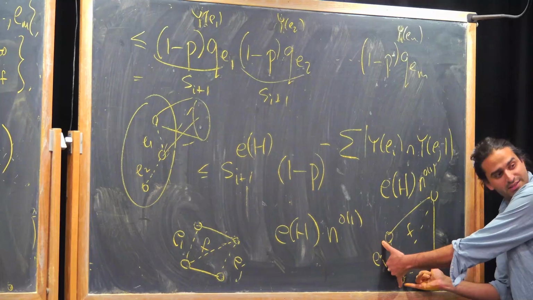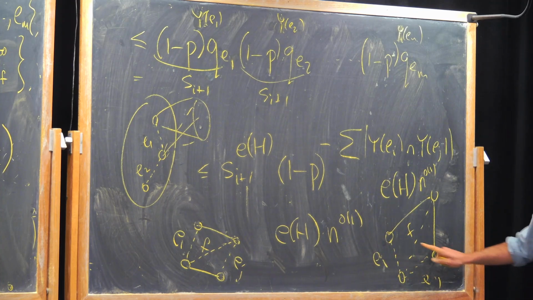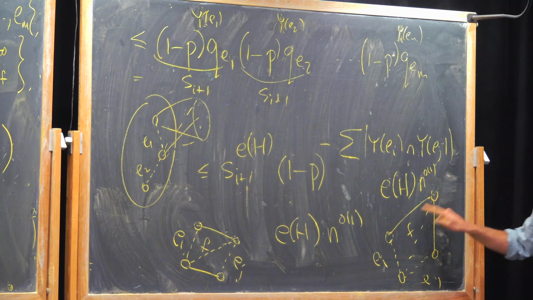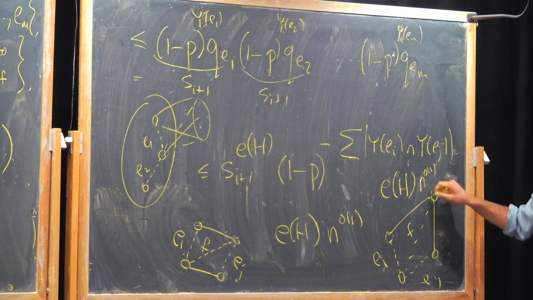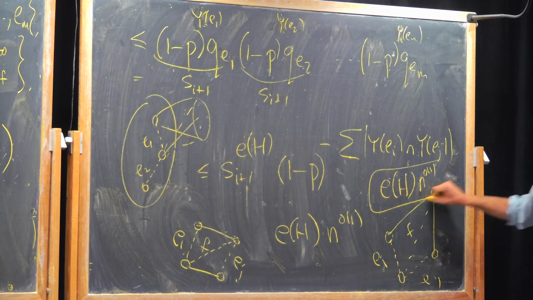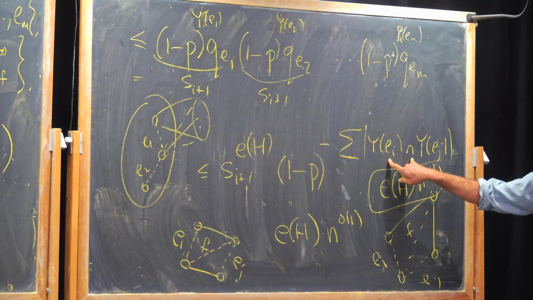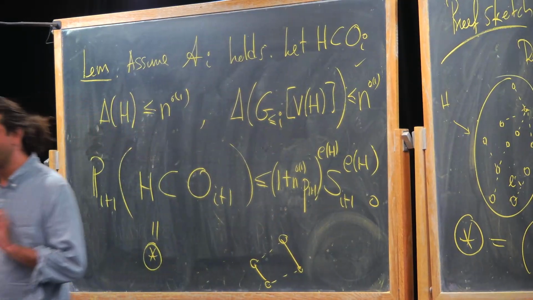So now I fix these two, and now I use my co-degree condition. These edges come from the previous graph, and I said there were at most (log n)^2 vertices in the co-degree. So that's also n^{o(1)}. So I get this up here, and this is contributing here.